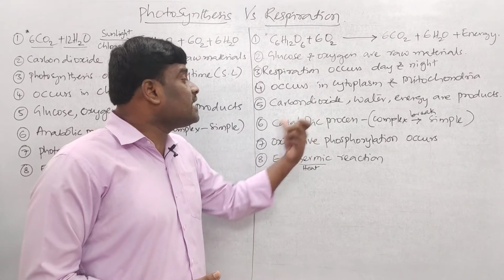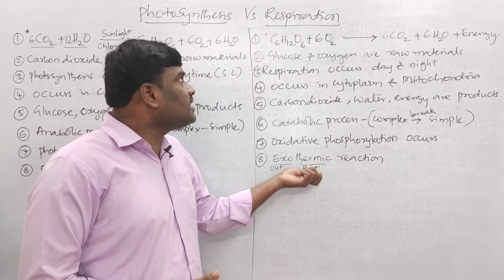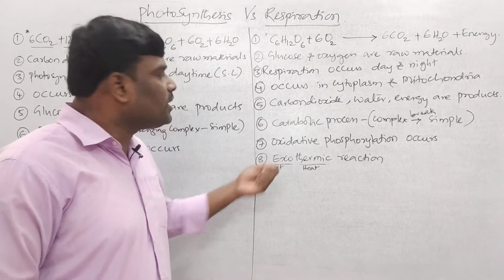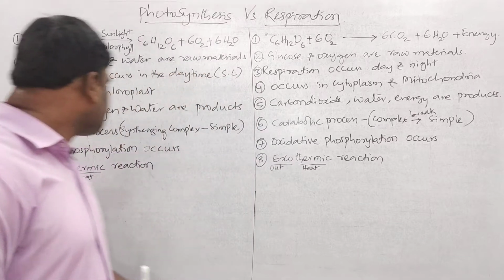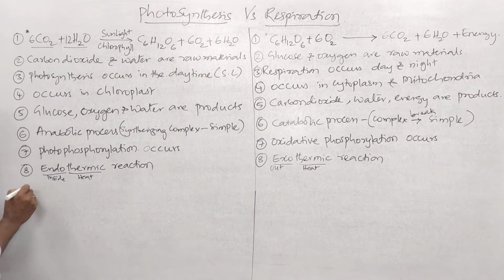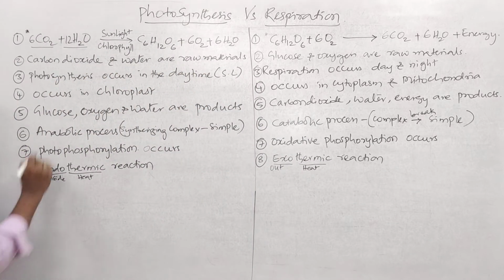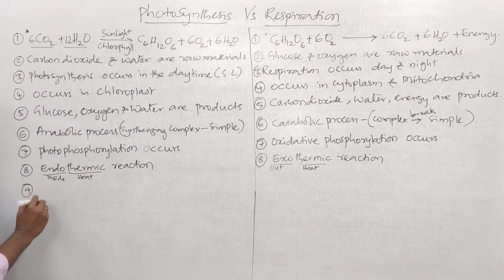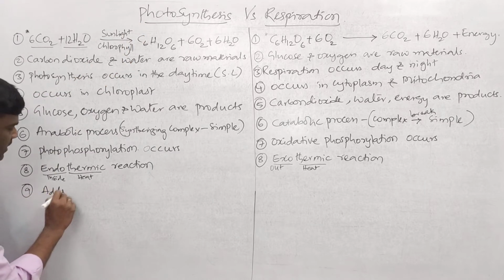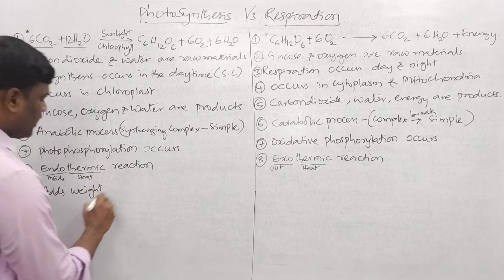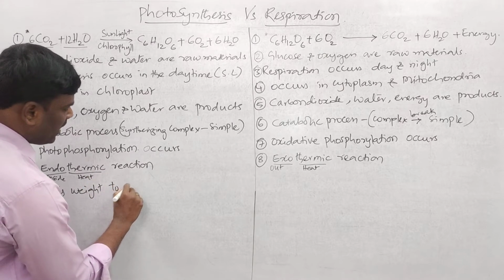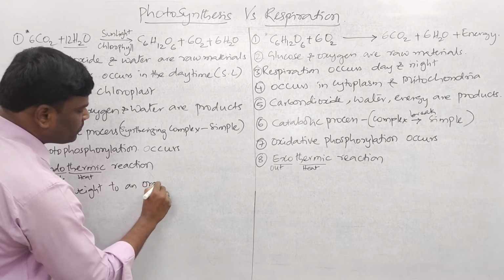So releasing the heat is seen in the process of respiration, so it is called as exothermic reaction, children. Okay, and next come to another point here, ninth one. Because of the process of photosynthesis, it adds weight to the organism.